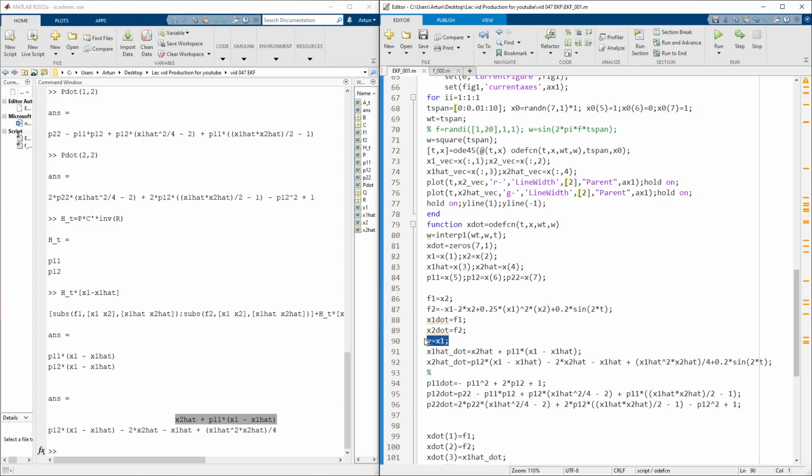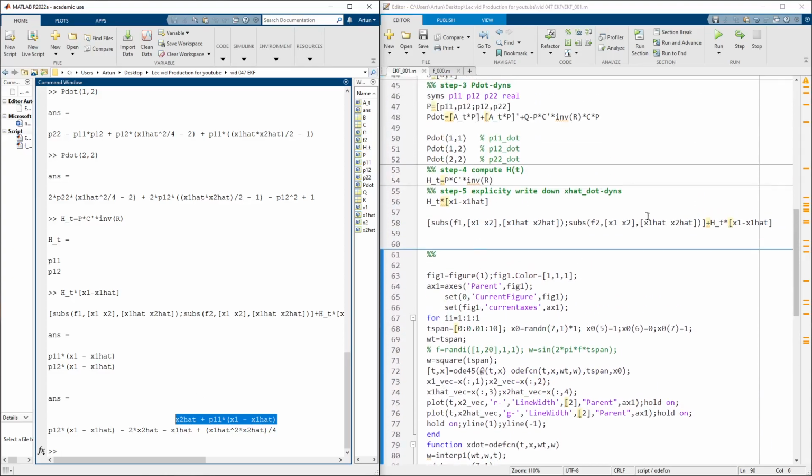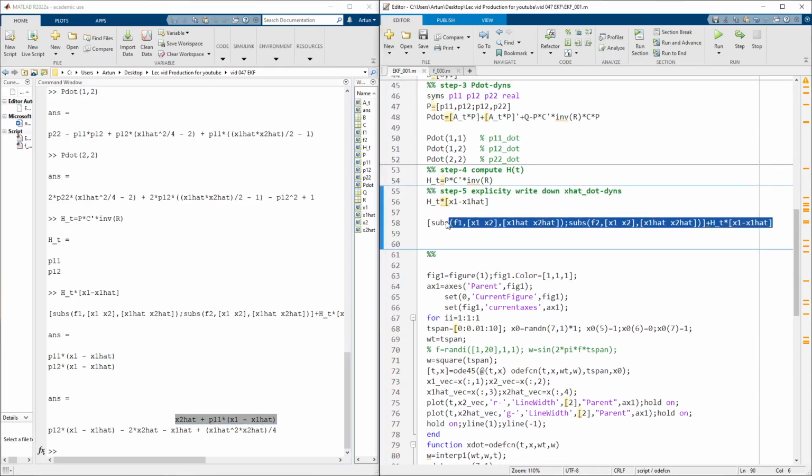All right, that's great. And here, for example, what was it again? Let's go upwards. This is the x hat dynamics, and since we have a two-dimensional problem, we have two terms here.